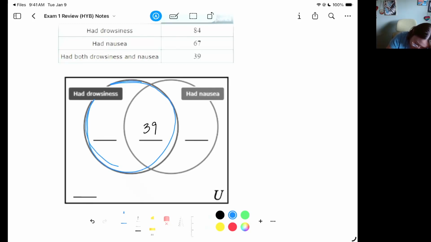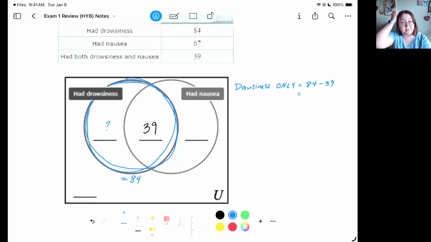Then, starting off with having drowsiness, this whole circle here needs to equal 84. And right, 39 is already accounted for. So we're going to figure out how many people had drowsiness only. We're going to do 84 minus 39. That's going to be that only drowsiness variable there.